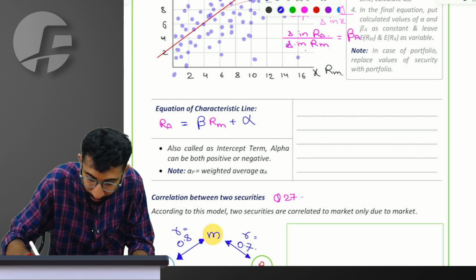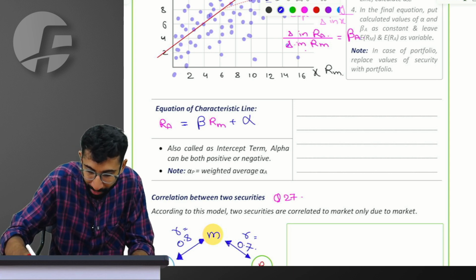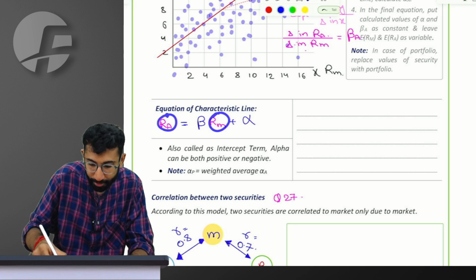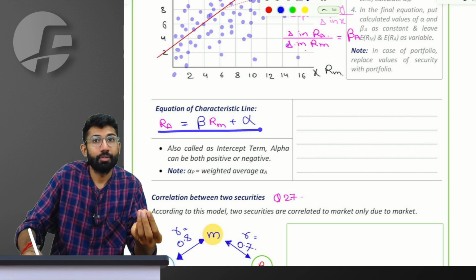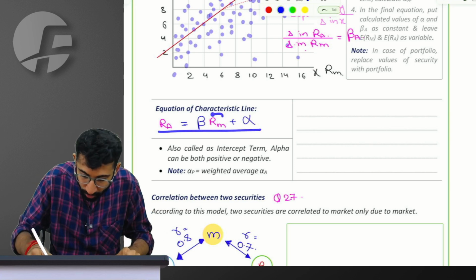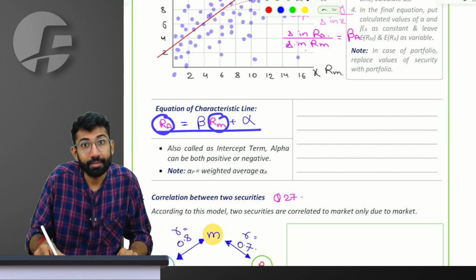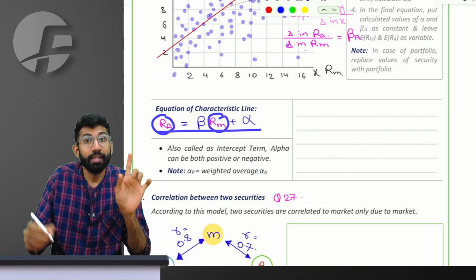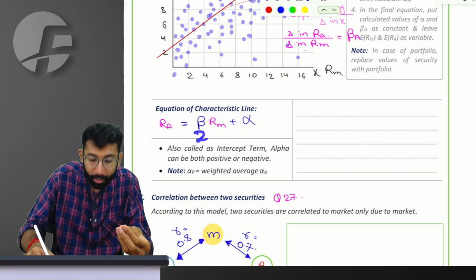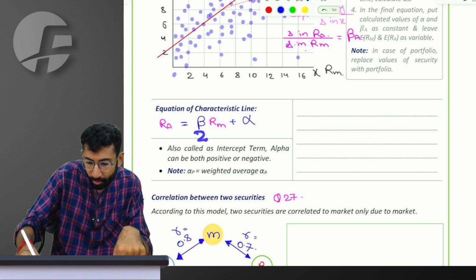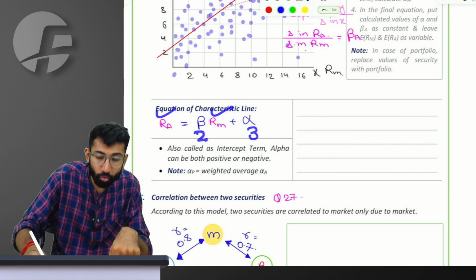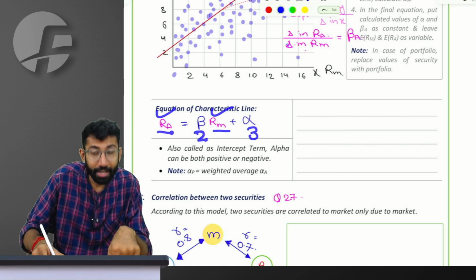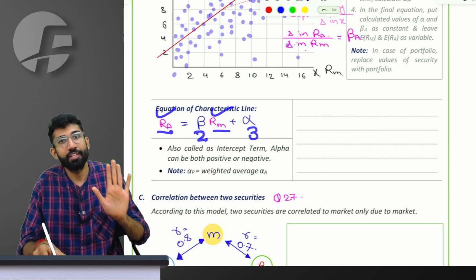Why have you written these two things in pink? So that you people realize that in any equation, these two numbers will always remain as variables. In the sense, if the number of beta is 2, you put 2 here. If the number of alpha is 3, you put 3 here. But for RM and RA, you don't put any numbers, they remain variables.